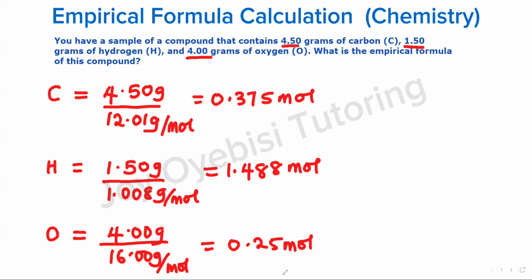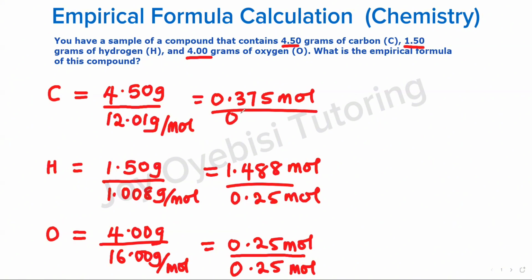So after that step, you're going to identify the smallest mole, and that happens to be 0.25. So I'm going to divide all through by 0.25, the simplest mole that we got.